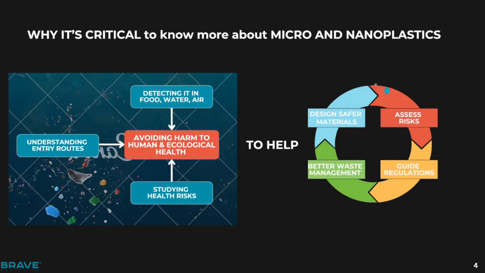Why it's critical to know more about micro and nanoplastics. I think this is one topic I don't have to talk too much about anymore. There is a concern out there that microplastics in our environment, facing these threats of producing more degradation products from plastics called microplastics, are affecting our health, not only for humans and animals, but also our ecological health.